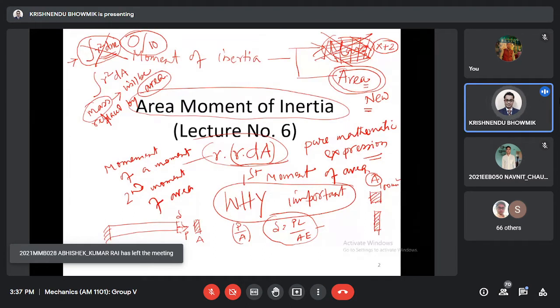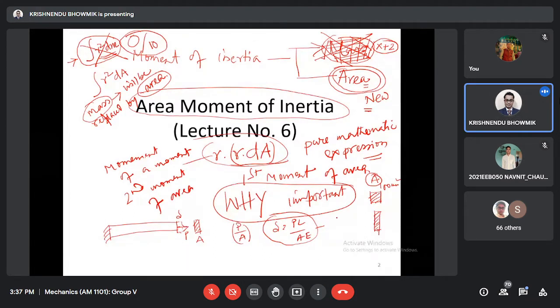This is also 100 millimeter square, but the shapes are different. Maybe this, the same value. Or maybe a circular cross section, square, rectangle, or maybe a hollow one. Same area, then the deflection for tensile load will be the same.